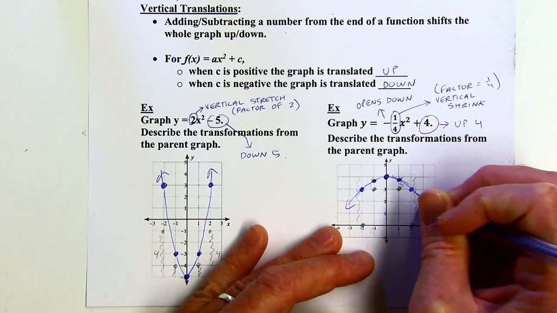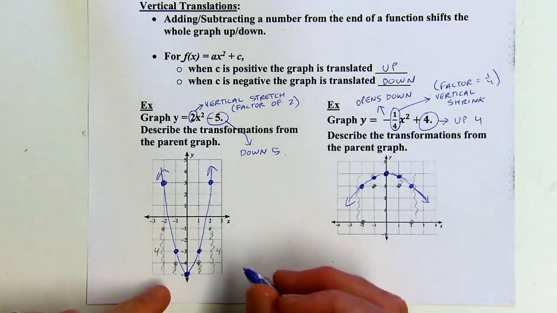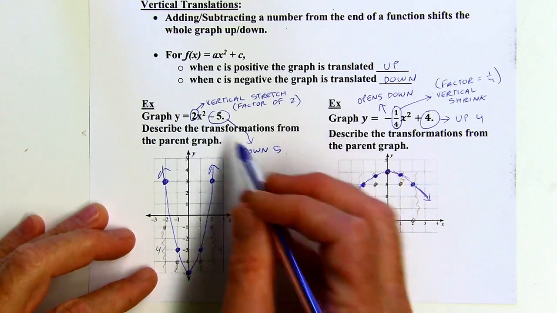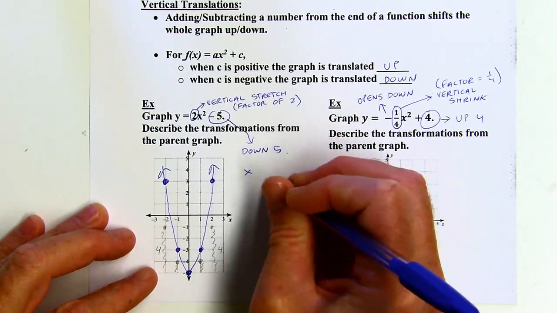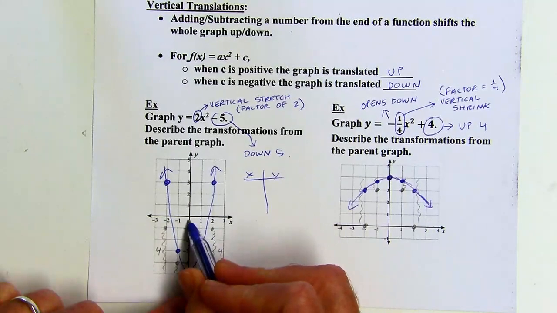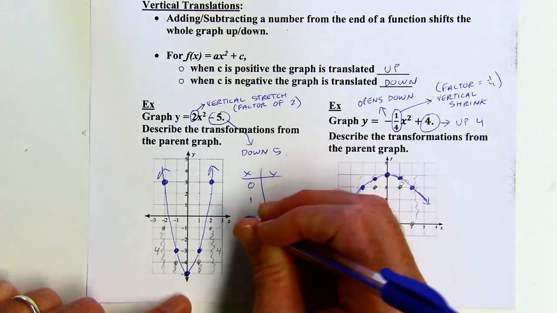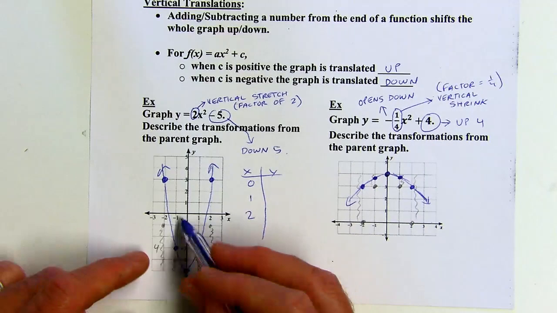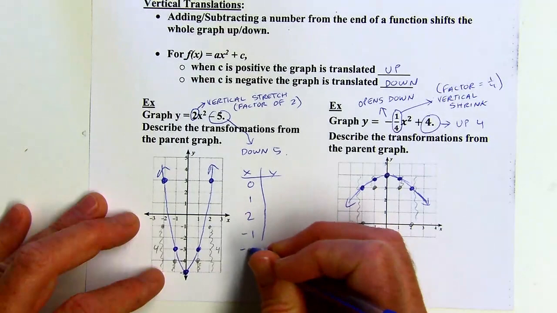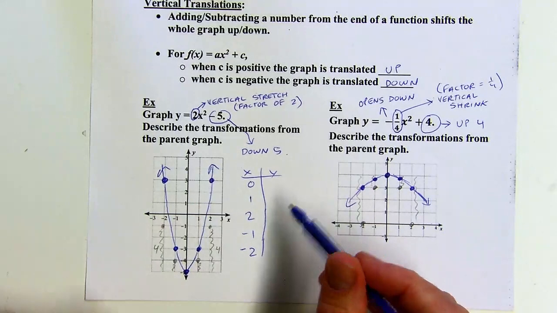Okay, another way to handle these problems, you don't have to do this using the parent graph shape. You could always make an XY table, right? So on this one, when I'm graphing this function, I would just use those same positions. I think, well, I want to know what happens when x is 0, 1, 2, and when x is -1 and -2, and that will still give you these 5 points when you put those in, right?